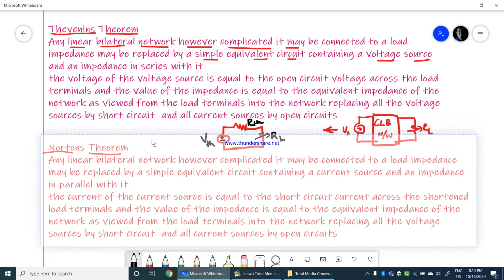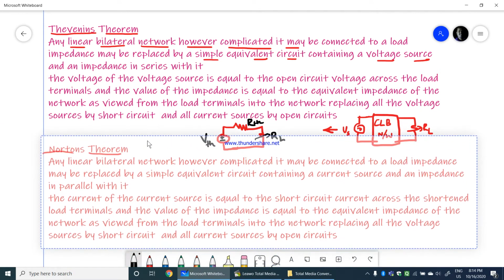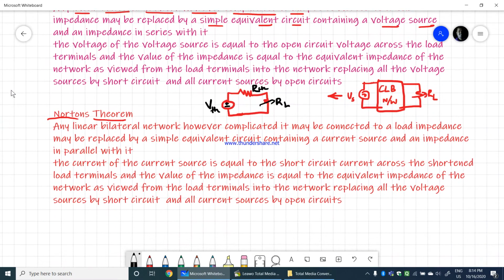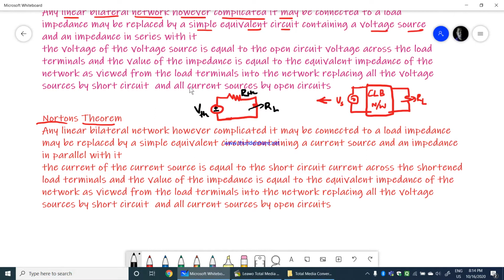Now, coming to Norton's theorem, what does it say? Norton's theorem is like a source transformation of the Thevenin's network. What Norton said is, let us have any linear bilateral network, however complicated it may be, it can be converted into a simplest network which contains a Norton's current source in parallel with the Norton's equivalent resistance, and that in turn in parallel with the load resistance.